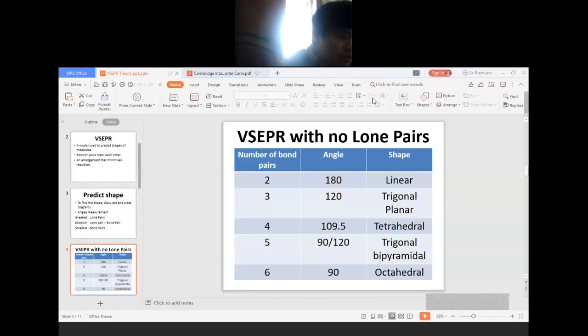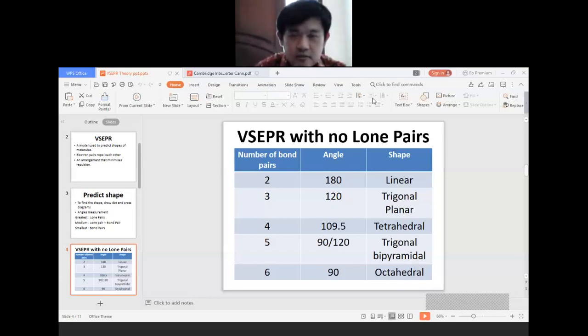VSEPR with no lone pairs is written in your textbook also, page 5. But in my presentation, I give the size of the angle. So if two bond pairs, the shape is linear. We cannot write the shape is straight line, because is a line a shape? I don't think a line is a shape.